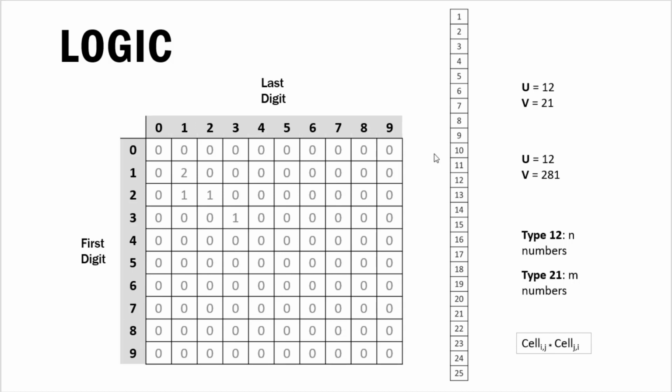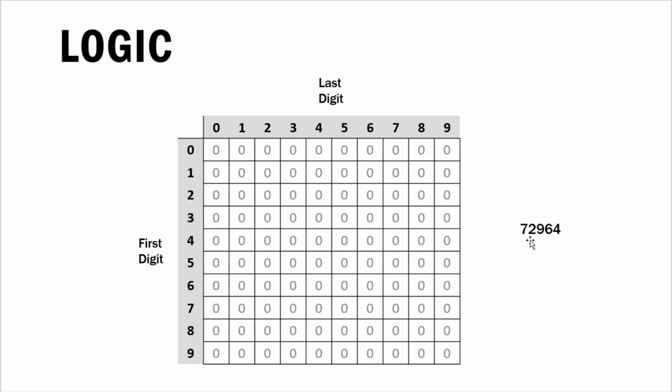Similarly, we'll have to perform this operation for every number starting from 1 to z, that is 25 in this case. Let's take another example just so that this process is clear for a bigger number. If the number was 72964, the first digit is 7, the last digit is 4. So we'll be incrementing the counter over here.